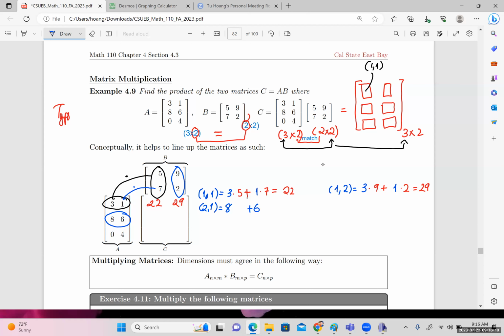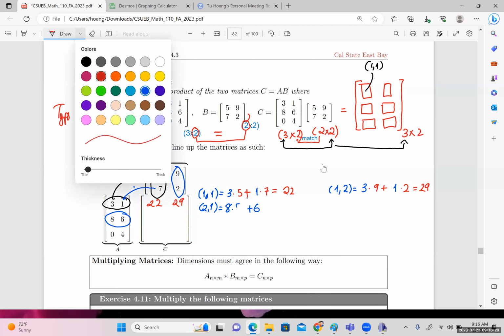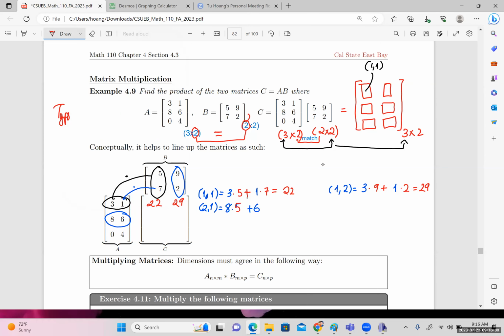And then we multiply 8 and 5, and 6 and 7. 8 times 5 is 40, 40 plus 42 is 82. You're gonna use a calculator to handle this.